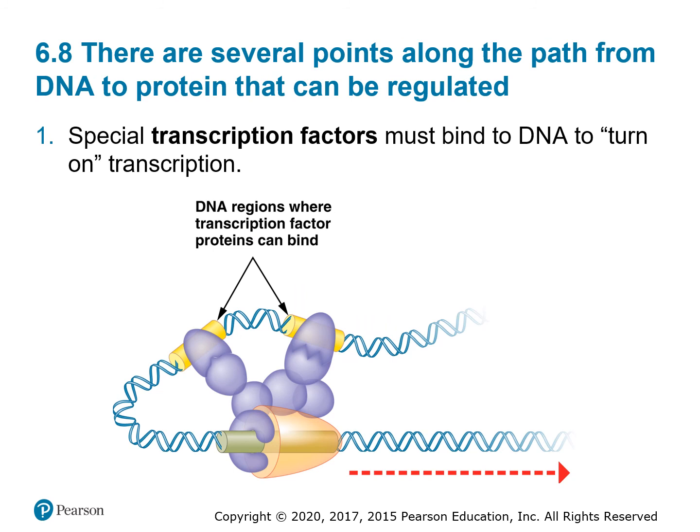Now, when we talk about the way genes are regulated, there are several places along the path from DNA to protein that can be regulated. Okay? One way is during the process of transcription. During the process of transcription, there are some proteins called transcription factors, and these proteins must bind to DNA to actually turn transcription on, okay?